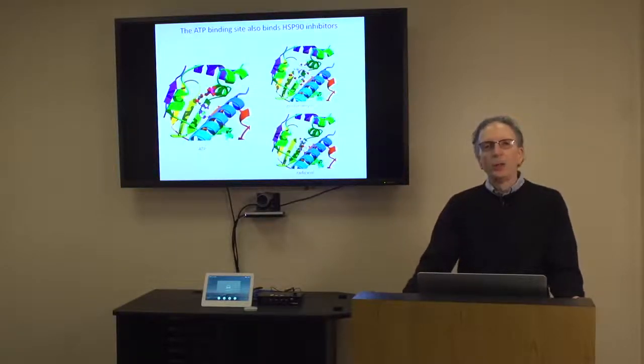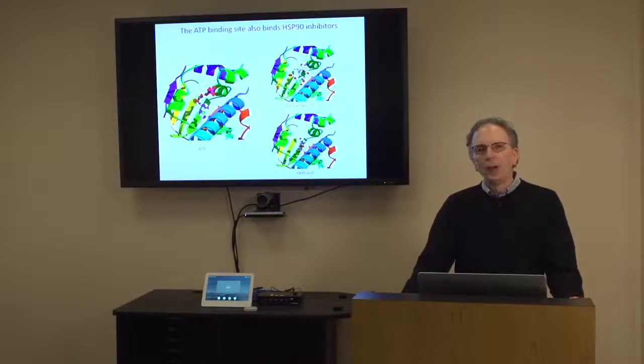Looking at the crystal structure of HSP90, this is just focusing in on the N-terminal domain of the protein. We can see there's an ATP binding pocket. And this ATP binding pocket turns out to be the binding site of two of the original natural product HSP90 inhibitors that were identified, geldanamycin and radicicol.